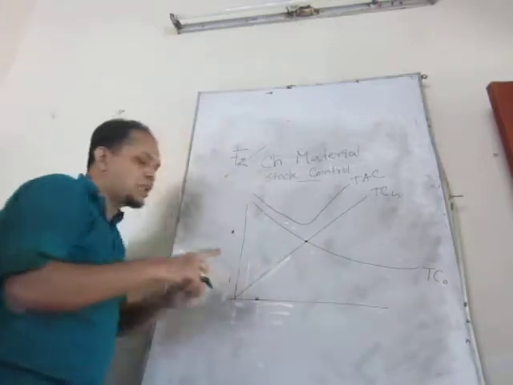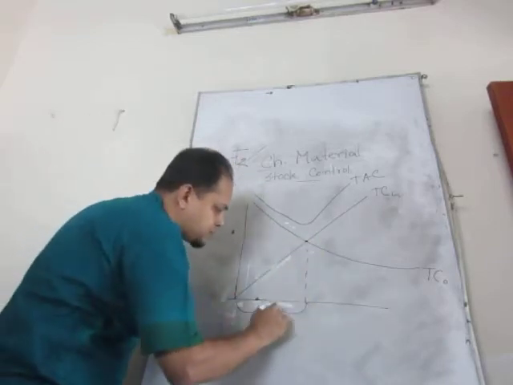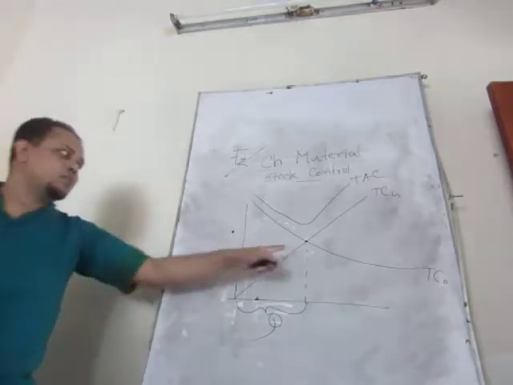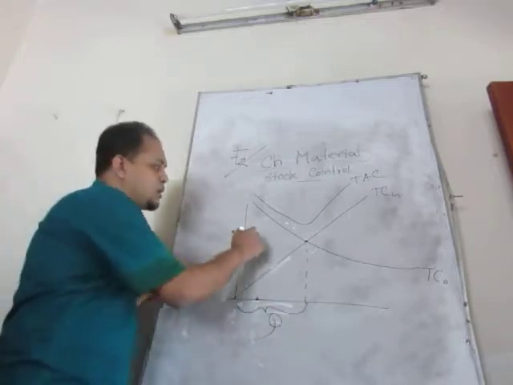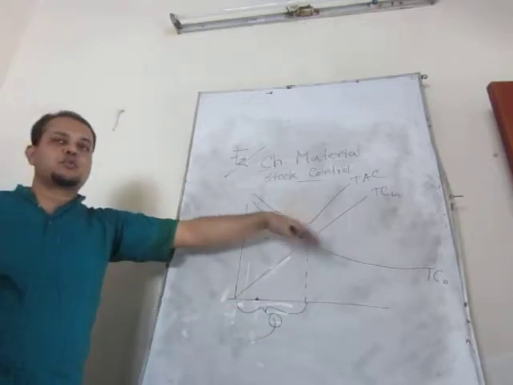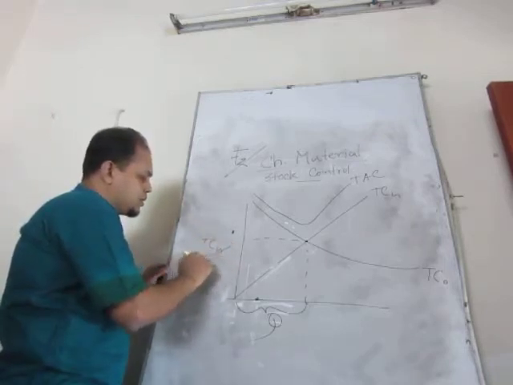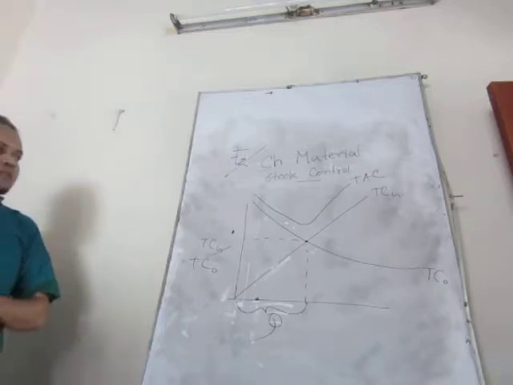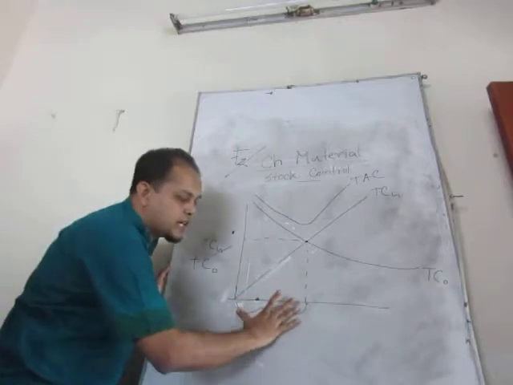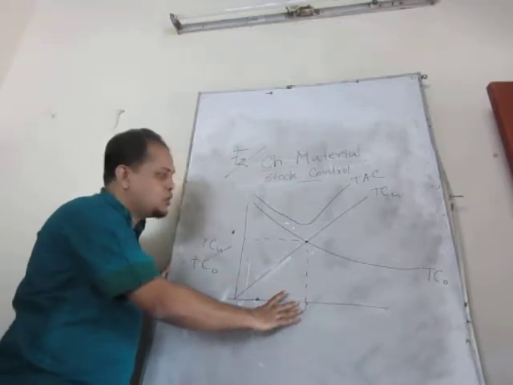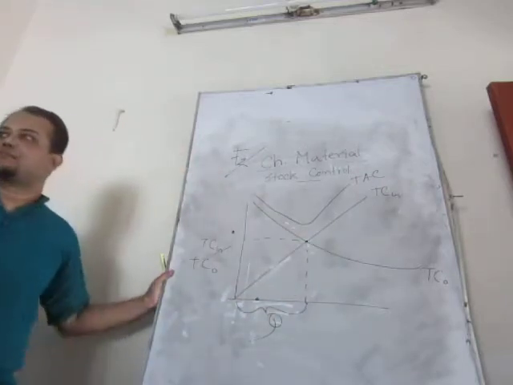At this point, when both lines intersect, suppose this quantity, this is EOQ, and this much is called EOQ quantity. This is the combination of two different graphs. Here one is TCH and another is TCO. According to the graph, at this point, when you are ordering this quantity and stocking this quantity, your holding cost is this much as well as ordering cost is this much.